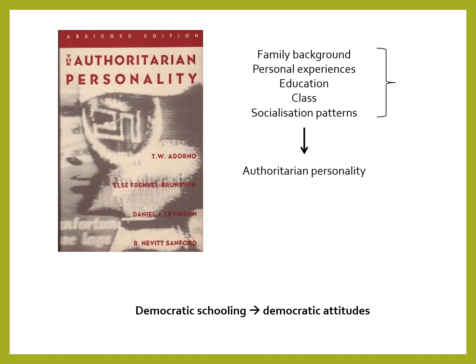It's very common in this kind of research to have comparative research between different schooling frameworks, traditional versus democratic, so as to compare the depth of democratic attitudes developed in the two different frameworks.